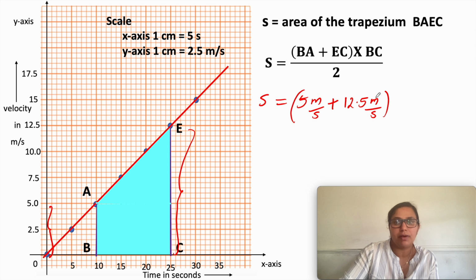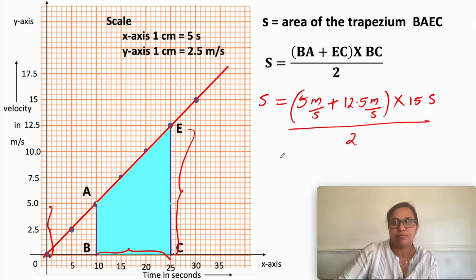This is the sum of parallel sides into the perpendicular distance. What is the perpendicular distance here? 25 minus 10, that is 15 seconds, divided by 2.